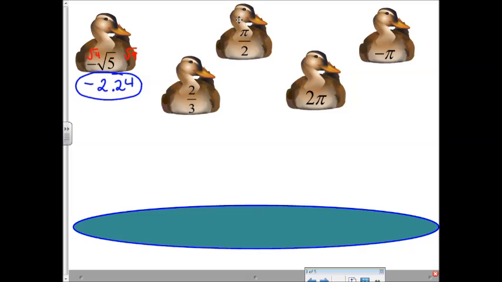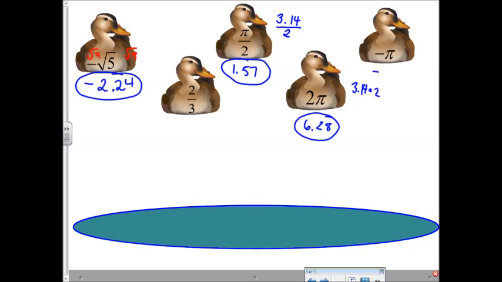Let's move to our next irrational duck. Pi over 2. Anything with pi is irrational. We know that pi is somewhere around 3.14. We divide by 2, 1.57. 2 pi is 3.14 times 2, which is 6.28.